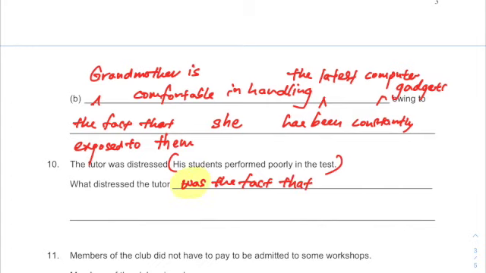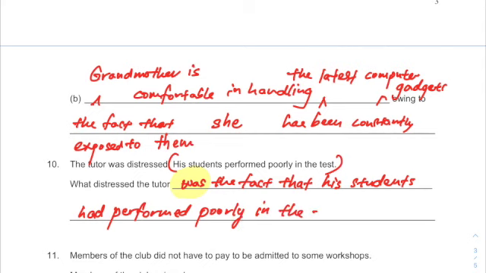Okay, so over here is what distressed the tutor was the fact that, so I insert a was. Okay, was the fact that his students had performed poorly in the test.